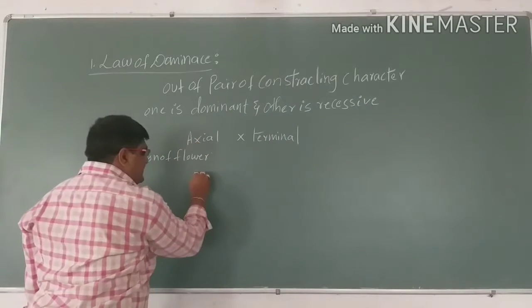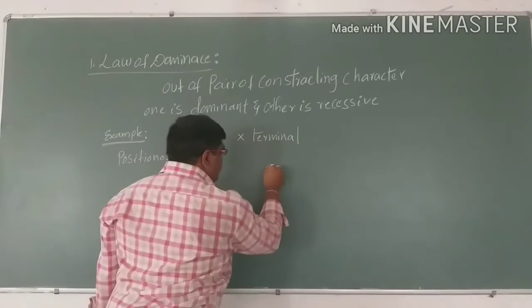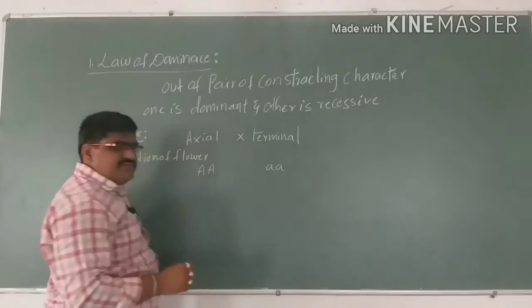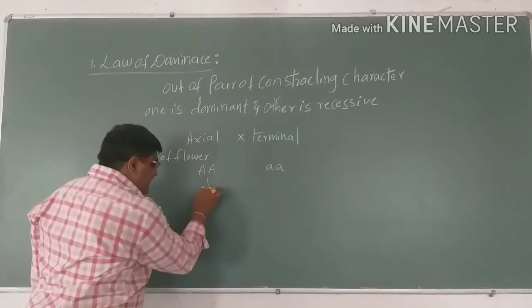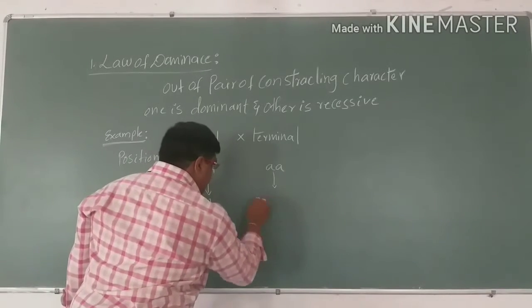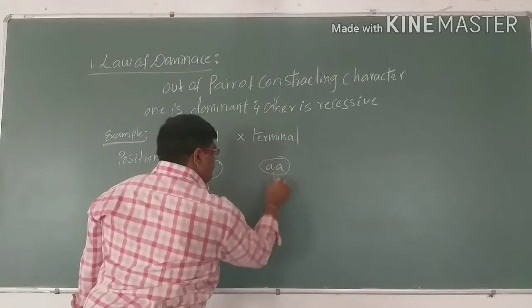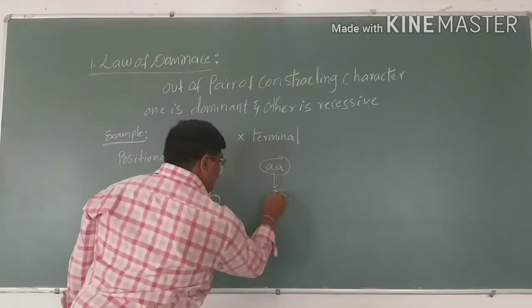Axial will be represented by capital A, and terminal by small a. So the gametes are capital A, and here the gametes are small a.